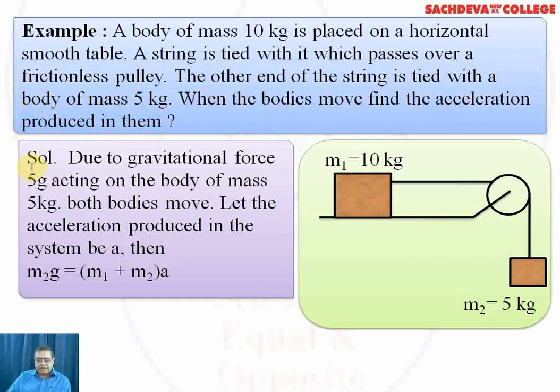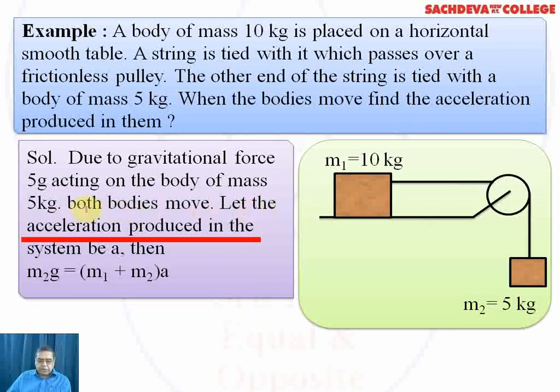Now m1 mass is 10 kg, m2 mass is 5 kg. So due to gravitational force, 5g acts on the body of mass 5 kg. When we say mass is 5 kg, its weight will be 5 into g. Now 5 into g means 5 multiplied by 9.8 or 5 multiplied by 10, if g is not given.